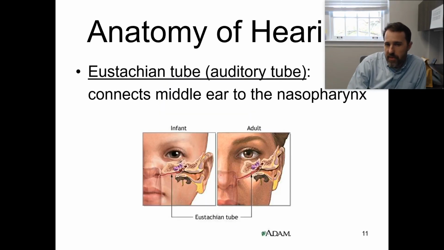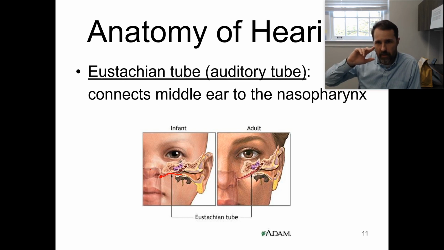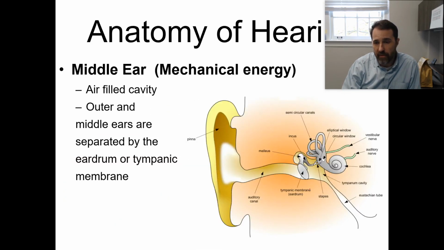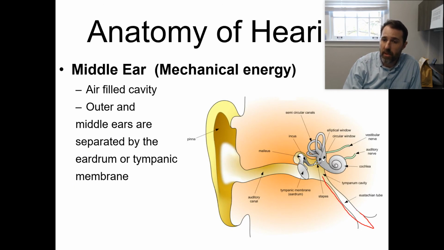And we've already mentioned the Eustachian tube a little bit, but here's a great illustration that shows you where it is. It opens into the nasopharynx and it runs up to the middle ear. So this is the tube that connects your middle ear to your nasopharynx. So understand that that is the only point of connection between your middle ear and the outside world.